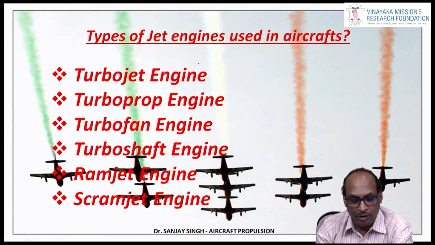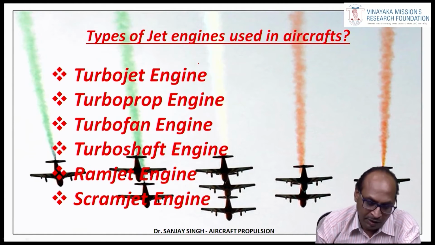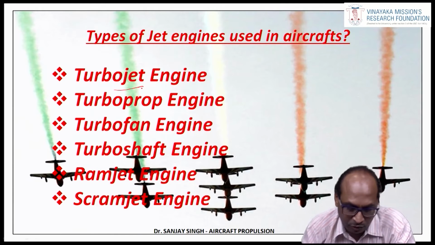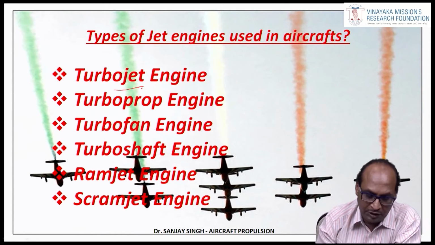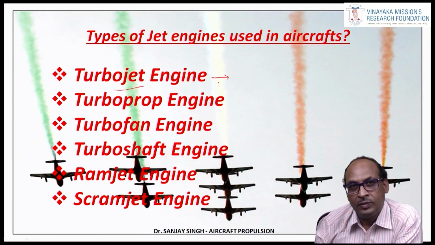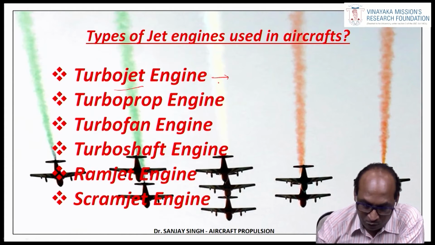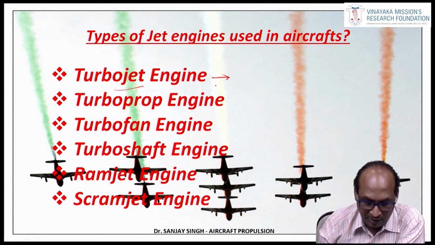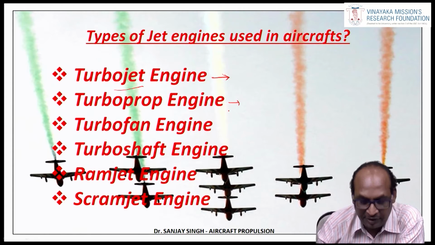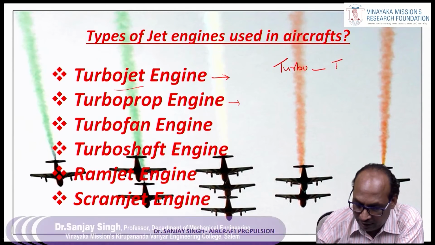That's why I have brought jet engines for a detailed discussion here. So, turbojet engine: the very first engine used in an aircraft is the turbojet engine. Now I will discuss all the engines. So turbojet engine, then turboprop engine, another type of engine, and I will tell you that if there is the word turbo, turbo means turbine.